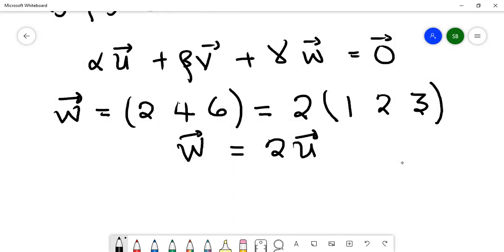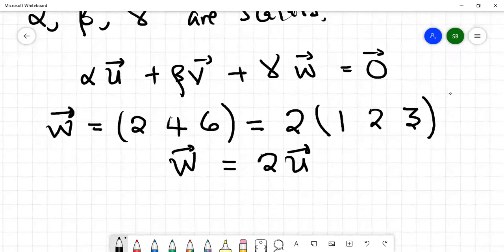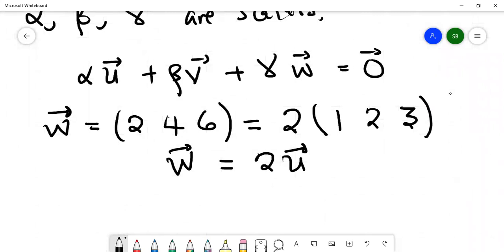So the conventional operations of addition and multiplication by scalar hold. All right. Now, it is clear that, indeed, U and W are dependent on each other.